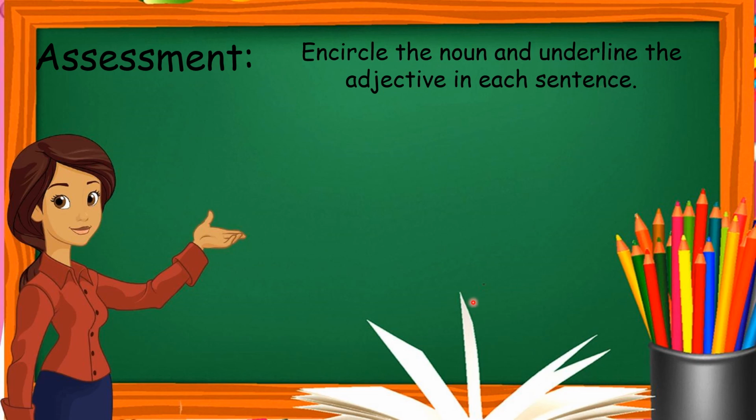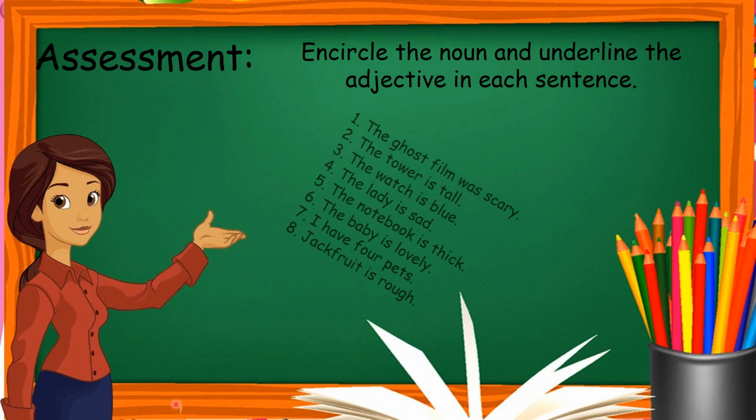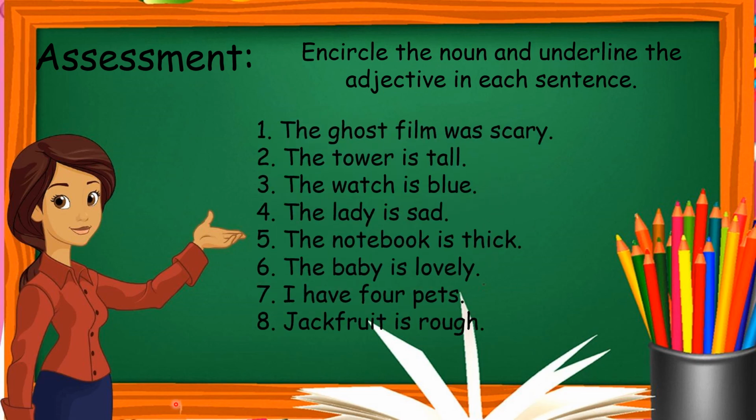Here, number 1 to 8. Number 1, the ghost film was scary. The tower is tall. The watch is blue. The lady is sad. The notebook is thick. The baby is lovely. I have 4 pets. And jackfruit is rough.